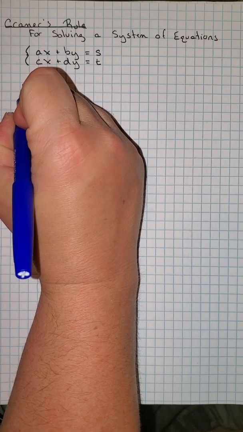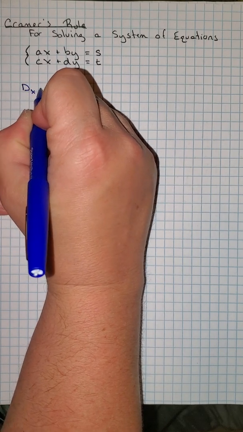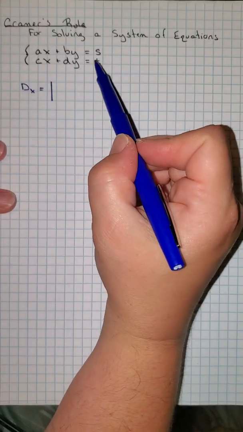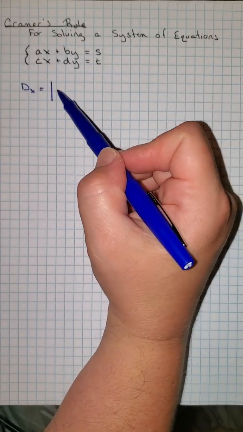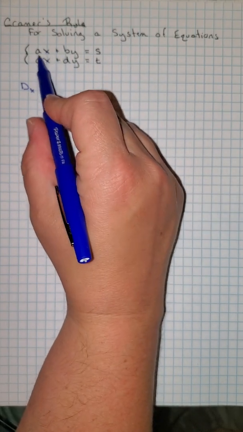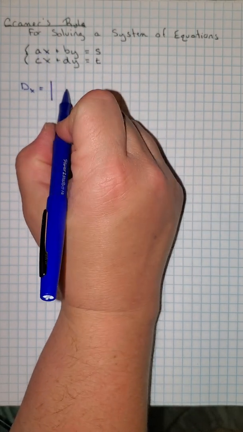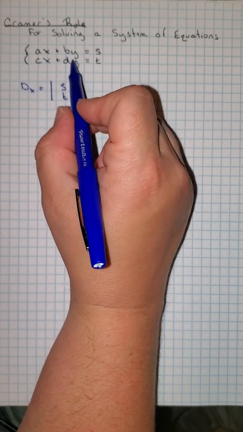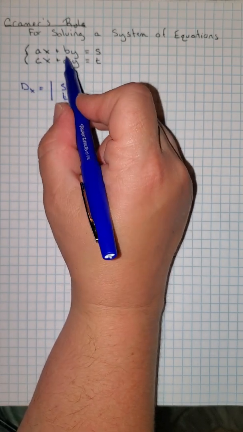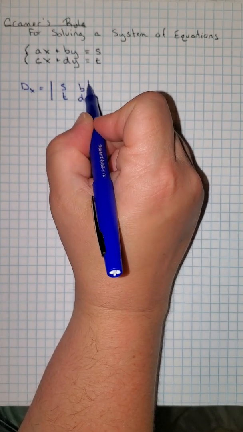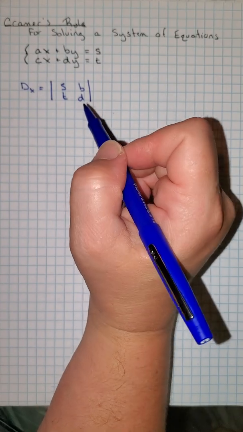The x determinant, d sub x, now this is kind of weird. This s and t actually come and take the place of your x's. So instead of putting a and c, like your coefficient for x, you put s and t. And then for y, since this is the x determinant, it'll stay b and d. Okay, that's your d sub x.